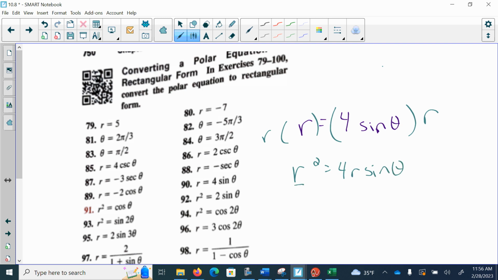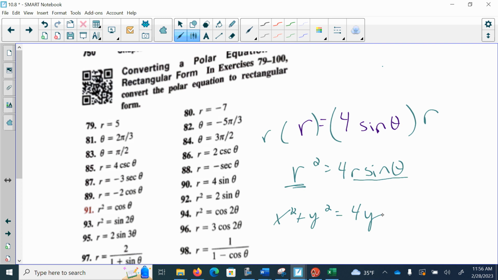Now I can rewrite r squared as x squared plus y squared. And then I can rewrite this r sine theta as y, so 4y. Now I don't know what the back of the book does. I honestly don't remember. But this I know is a conic that we just did at the beginning of this chapter, right? Which means I'm going to take the time to write this conic in standard form.